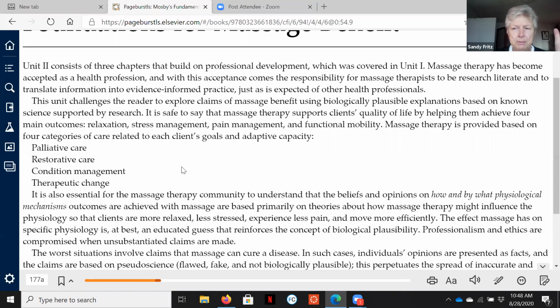And for therapeutic change, now we're actually after a reversal. This is more akin to what people are looking at in maybe physical therapy, where somebody has a condition, they are being treated for that with multiple professionals, and we are part of that care team.